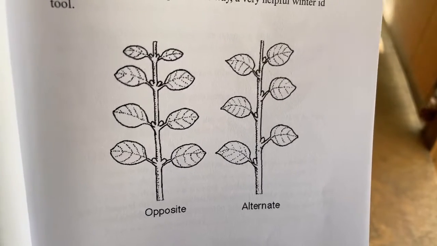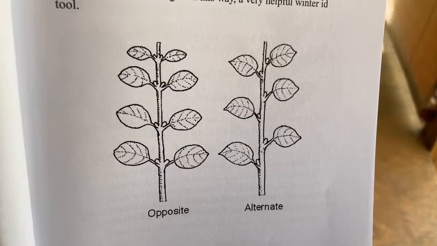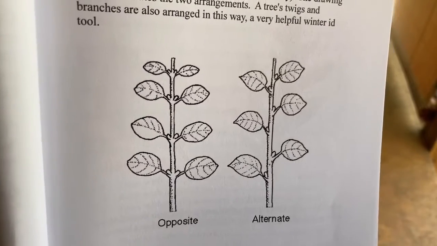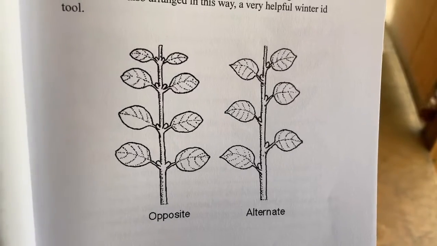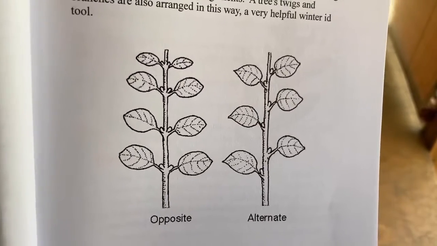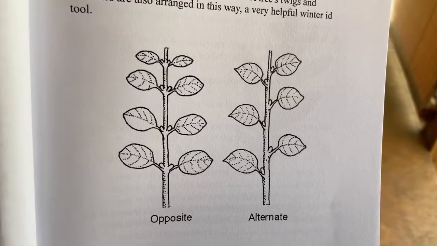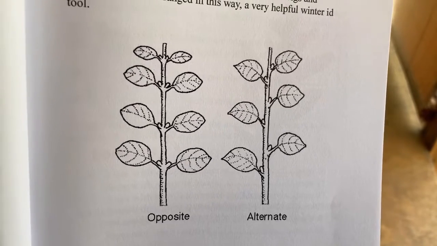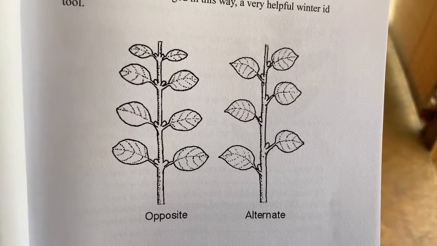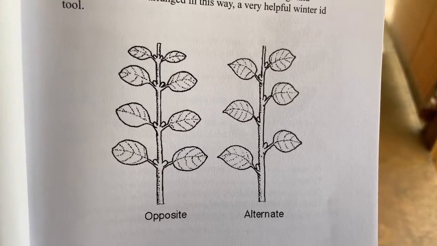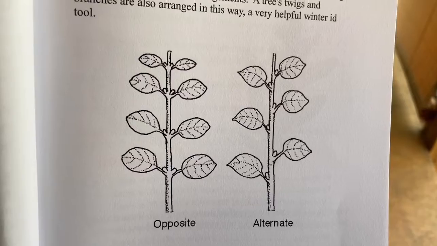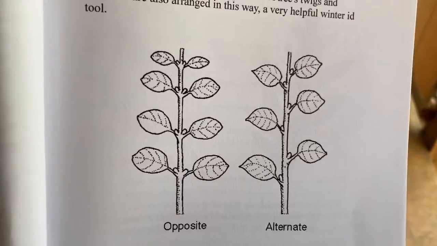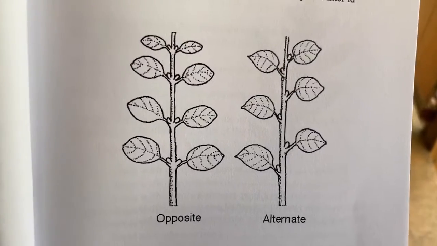even in wintertime when the leaves aren't there, the branches are arranged either opposite or alternate. For example, maple tree branches are arranged opposite from each other. Oak branches are arranged alternate from each other. Ash branches are arranged opposite from each other, and hickory branches are arranged alternate from each other.